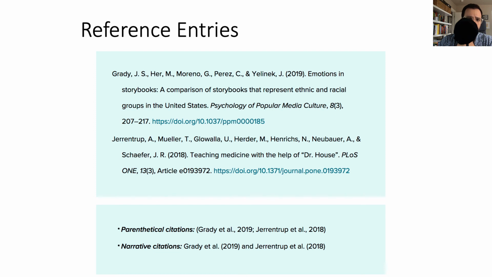So this first one, I said it looked like a book chapter, but it's very clearly an article in a journal, the journal being Psychology of Popular Media Culture. And then you'll have the volume and the issue and the pages and a working link to the digital object identifier.